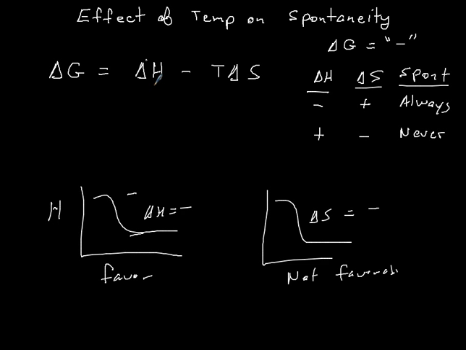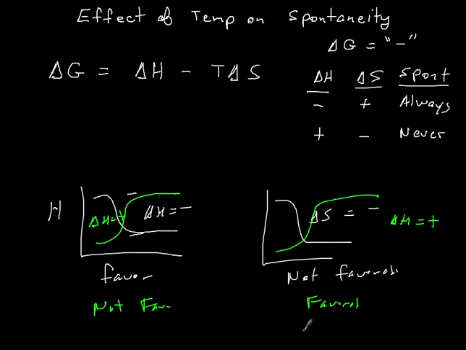Or what if we have a reaction where the enthalpy is positive and the entropy is positive? Here we would have not favorable, and then this would be favorable. What happens? Is the reaction spontaneous? Is the reaction not spontaneous? In these two situations, the spontaneity of the reaction depends on the temperature. It's a temperature-dependent reaction in regards to spontaneity.